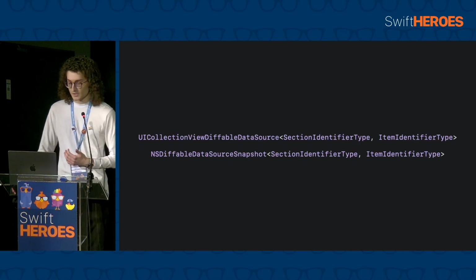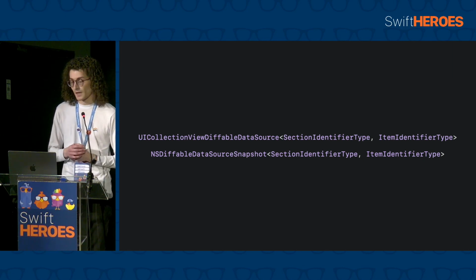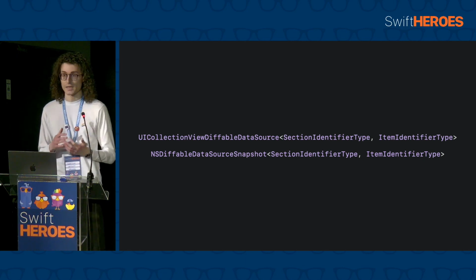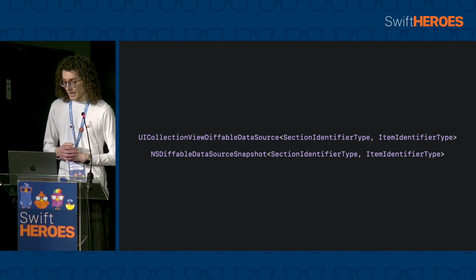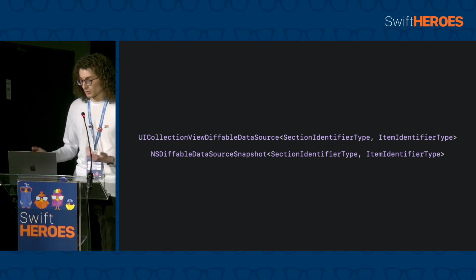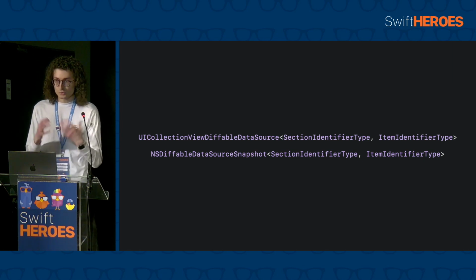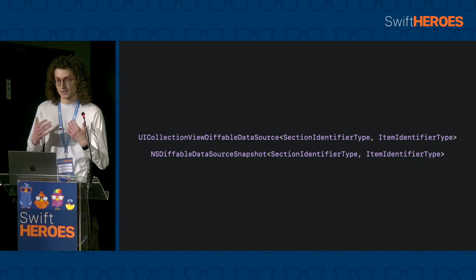And in code, it translates into these two types, UICollectionViewDiffableDataSource and NSDiffableDataSourceSnapshot. And they're both generic over two types, a section identifier type and an item identifier type. And in the data source, we use these types to identify the models in the collection. So we've introduced these two concepts of the data source and the snapshot.